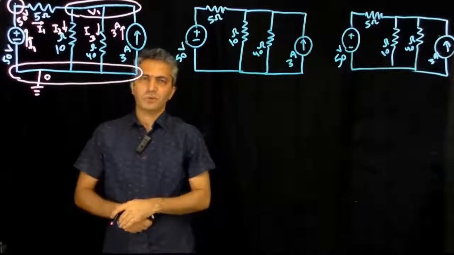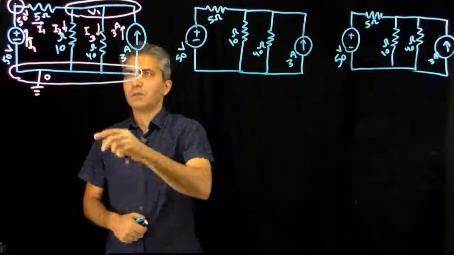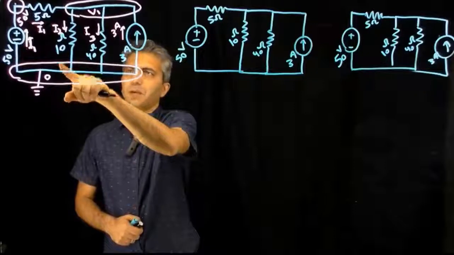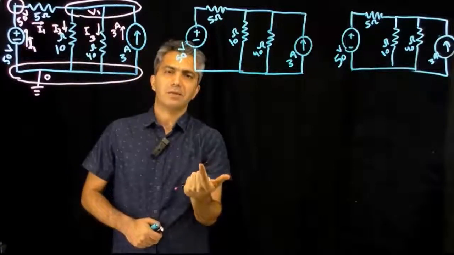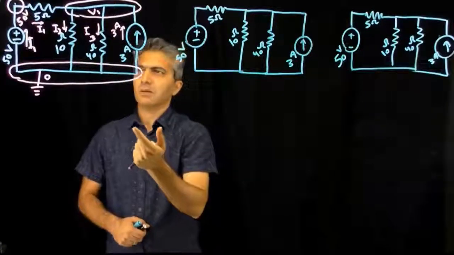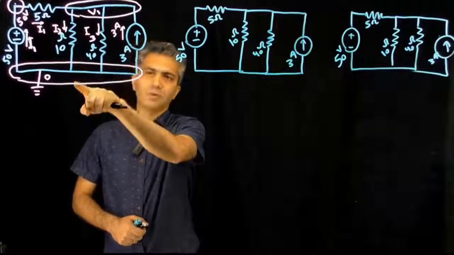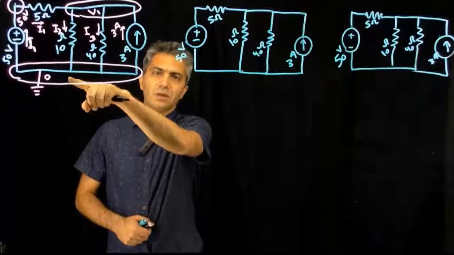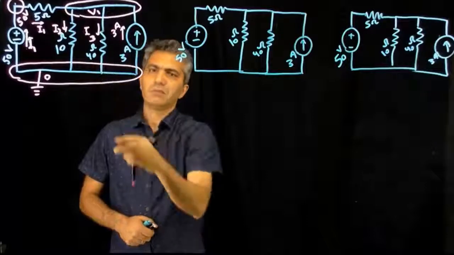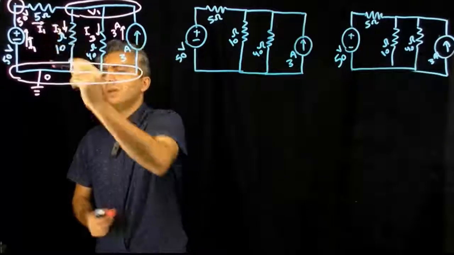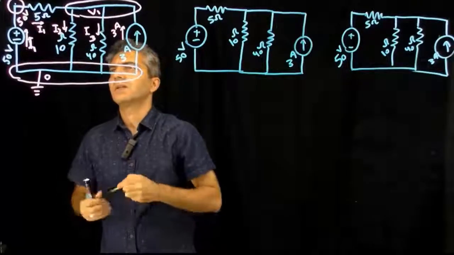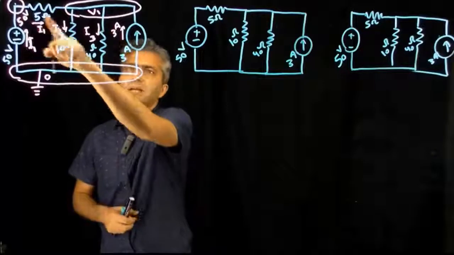So we move on to writing KCL and equations for components. We have 3 nodes, so we have 3 KCLs to write, but we normally don't need to write it for the reference node. So we can write KCL for that node and that node.